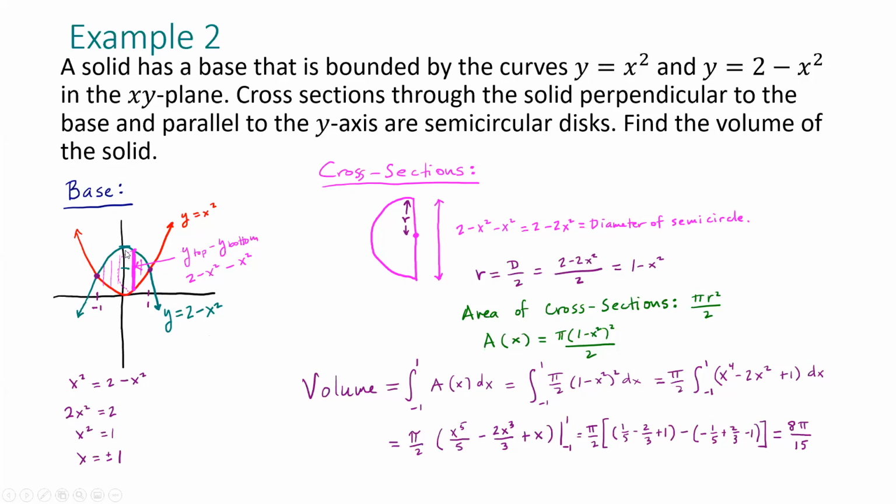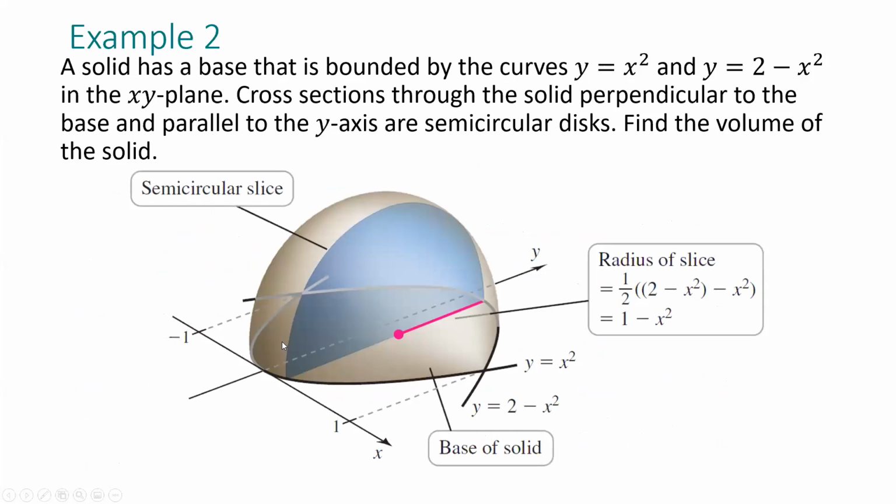And it's got these semicircular curves for the cross section. So maybe you can imagine it might look something like a dome, very circular looking. You can kind of see that it's got this sort of dome-shaped three-dimensional solid.